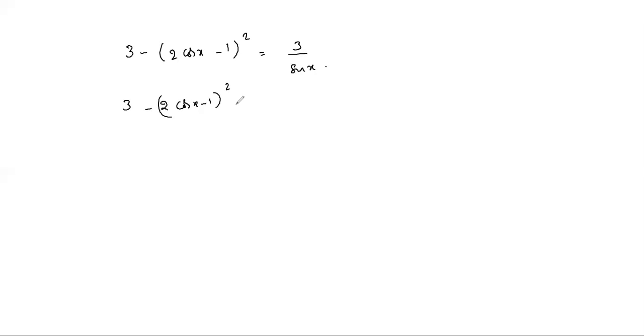So the maximum value is 3, so less than or equal to 3. But 3 into 1 by sin x is cosecant x. Cosecant x is greater than or equal to 1, so greater than or equal to 3. So the left side is less than or equal to 3, the right side is greater than or equal to 3. So the only possibility is equal to 3.